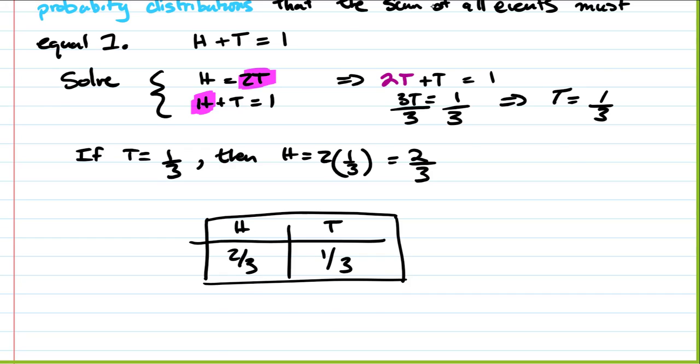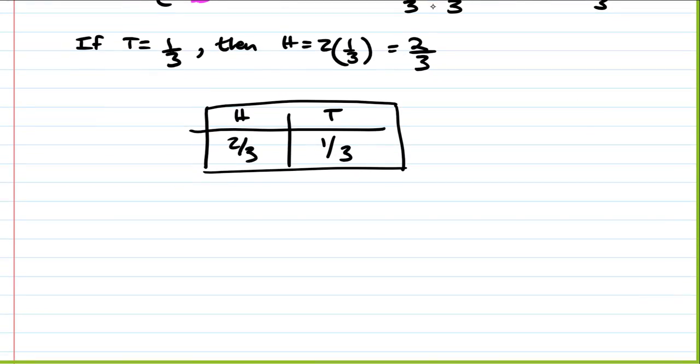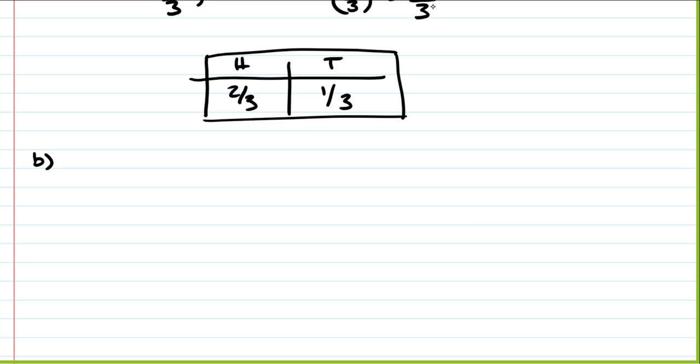Okay, so now part B asks us, well, what's the probability of getting 2 tails? Well, let's make a tree diagram, because we're going to be doing 2 experiments in succession, right? So the first thing we're going to do is flip our coin. And what are our 2 possible outcomes? I can get a head or I can get a tail.